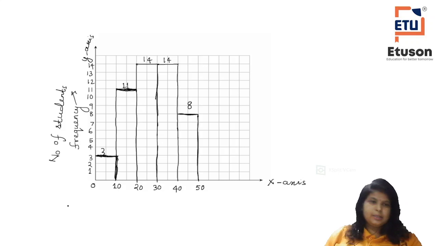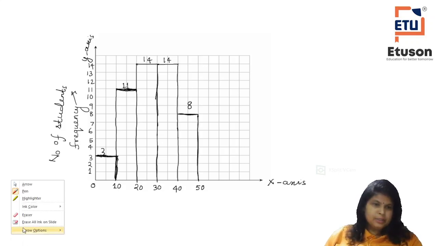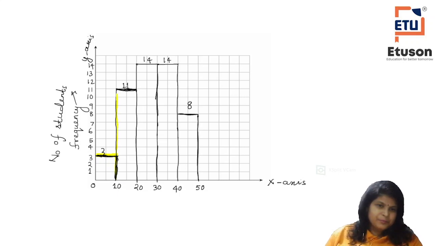It is 8. So I'm just highlighting it to show you. Hope you have understood now.